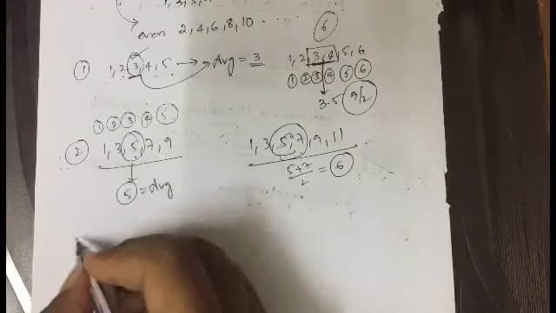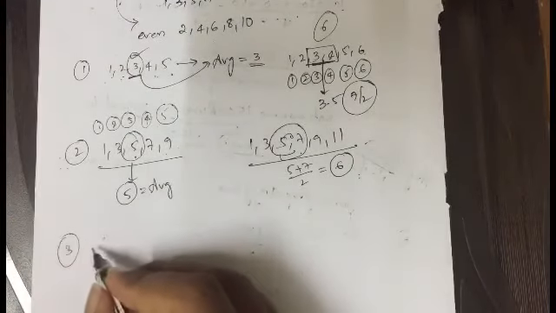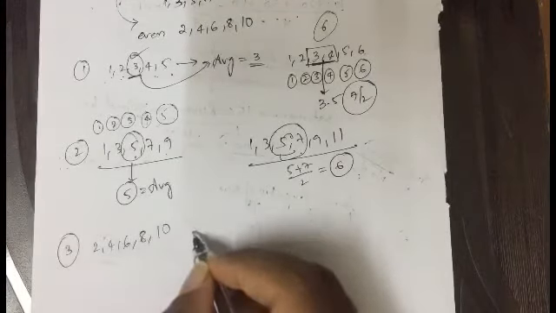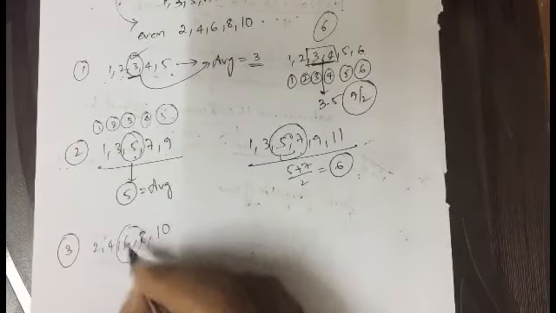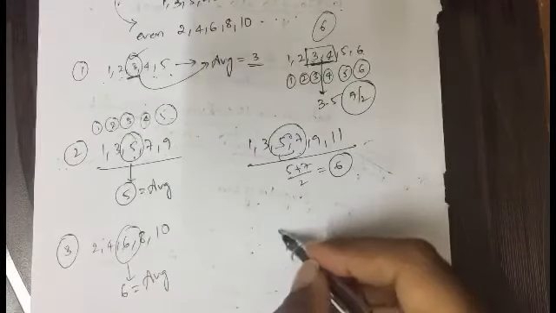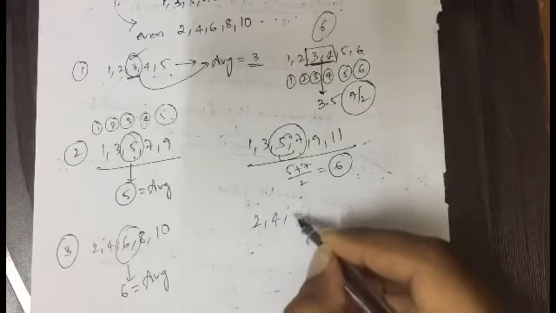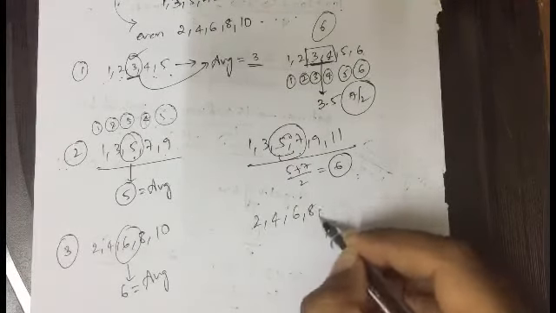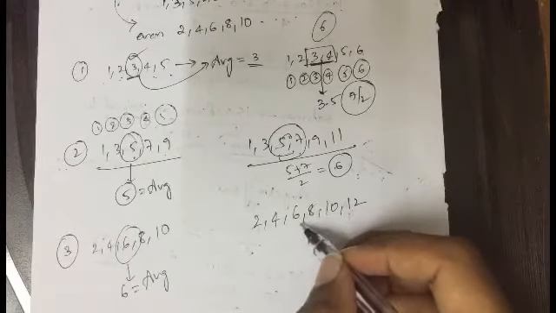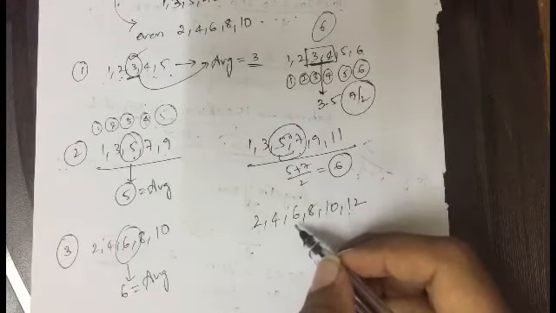So now let us try it for an even numbers list. 2, 4, 6, 8, 10, let us take, and in this case the middle number is 6, so obviously 6 is going to be the average directly. And the next set, let us take 2, 4, 6, 8, 10, and 12. Then in this case the average is the average of the middle 2 numbers, right?